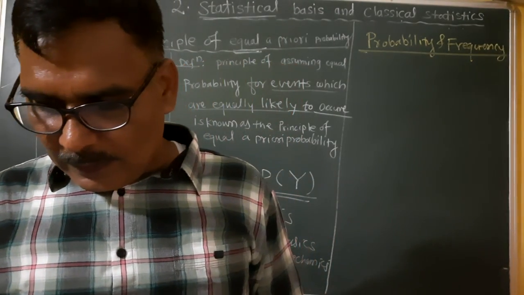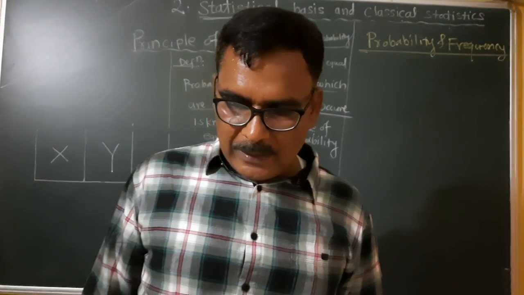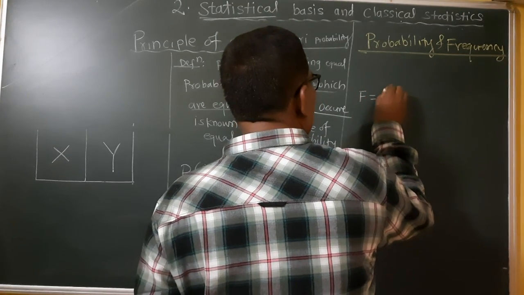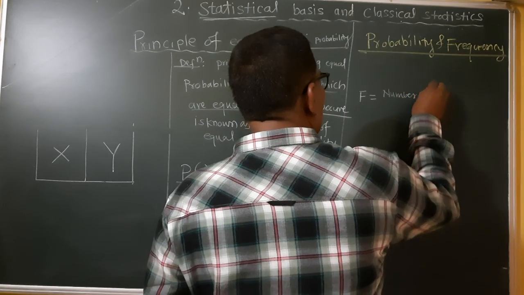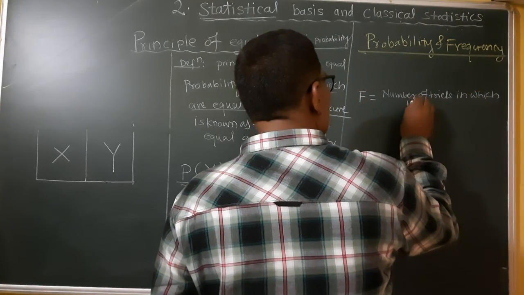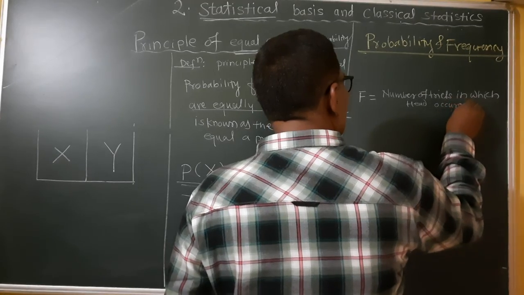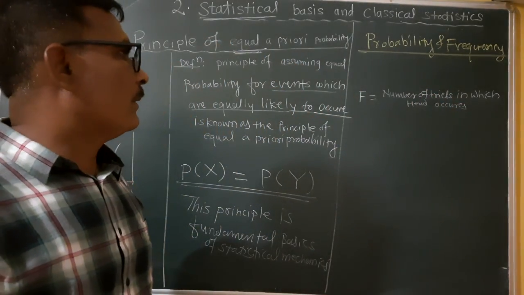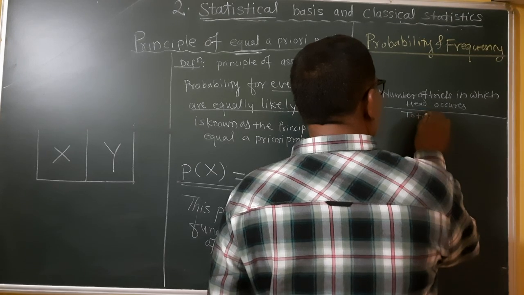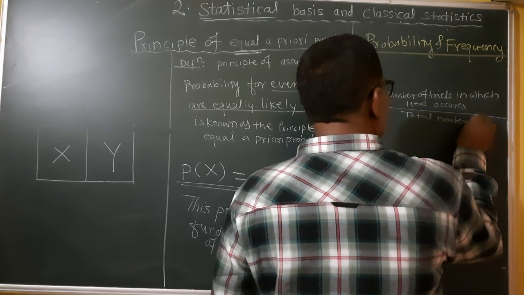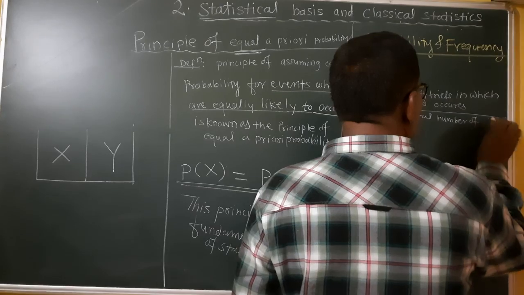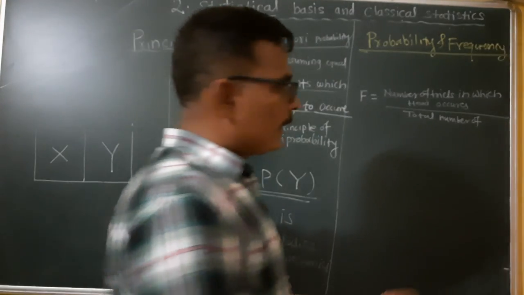Here we introduce the term frequency of event, which means the number of trials in which head occurs divided by the total number of trials.